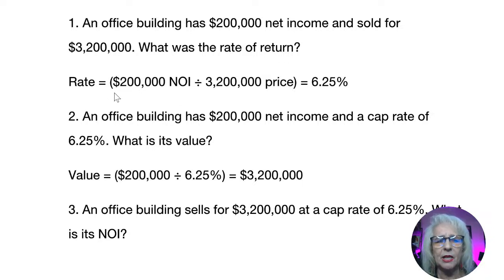Rate equals 200,000, the net income after expenses, divided by 3,200,000, the price that it was sold for. So what was the rate, the cap rate? 6.25%.